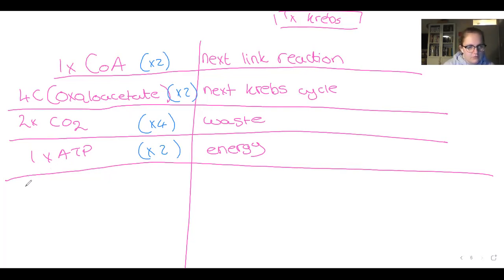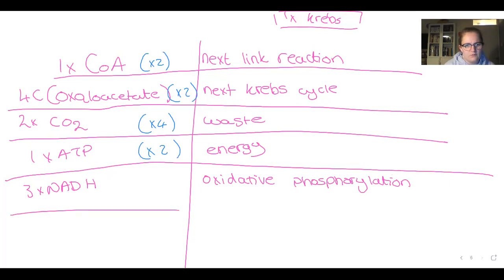We've got 3 molecules of NADH, reduced NAD, and that is going to be used in oxidative phosphorylation. Per glucose molecule, that's 6 of those.